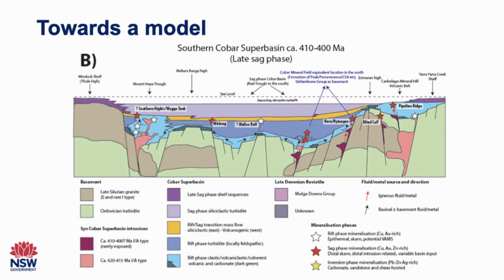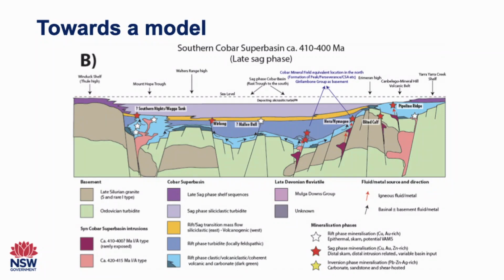Then obviously the basin deepens a lot, and by about 410 to 400 is the best guess, you've seen most of the sedimentation already happened, and we see fault movements, we see deformation even without mineralisation, but then a lot of our mineralised zones are turning up at about this age.